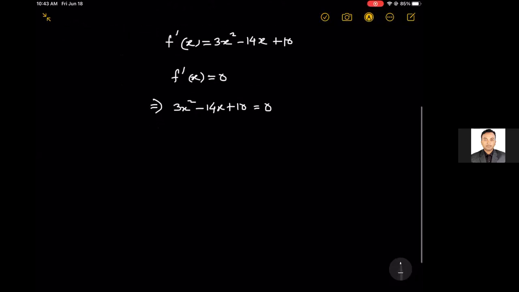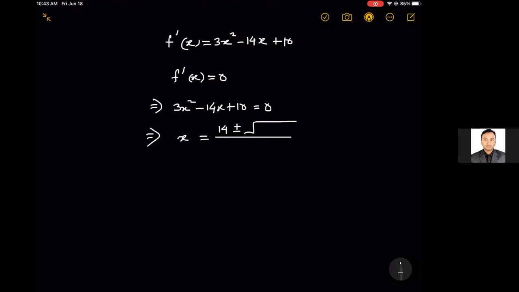Now we need to solve it for x precisely. And we can use the quadratic formula, which is minus b, so it will be positive 14 plus minus.